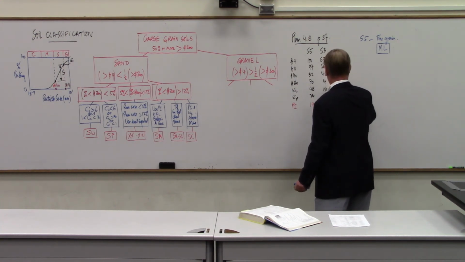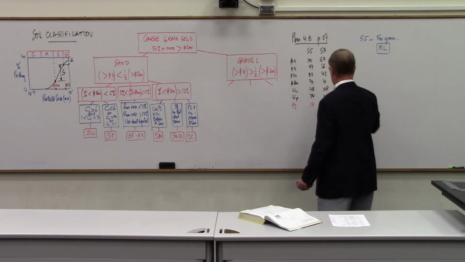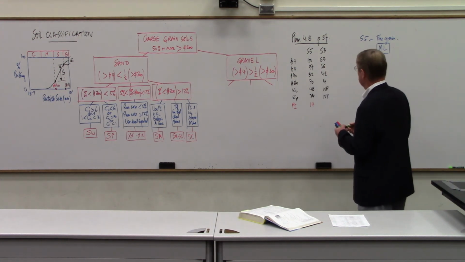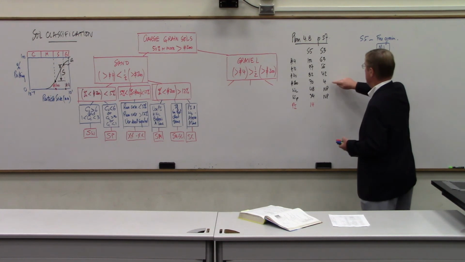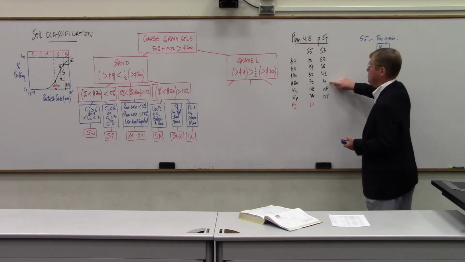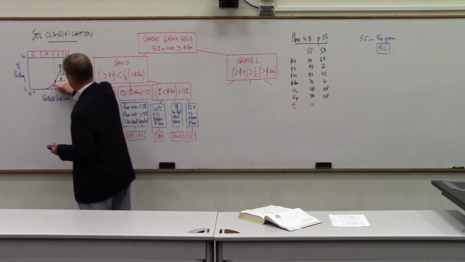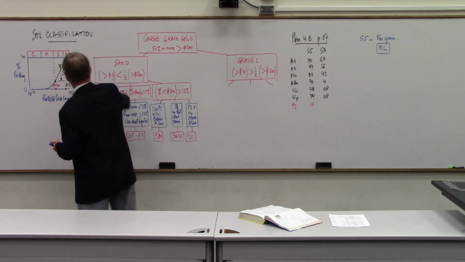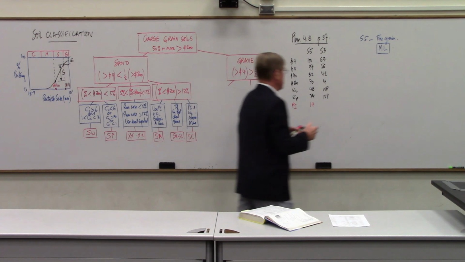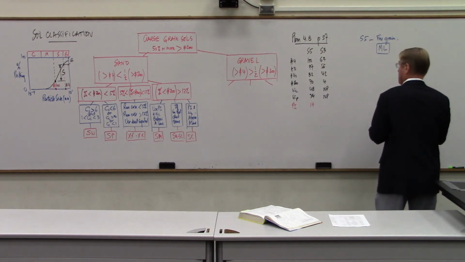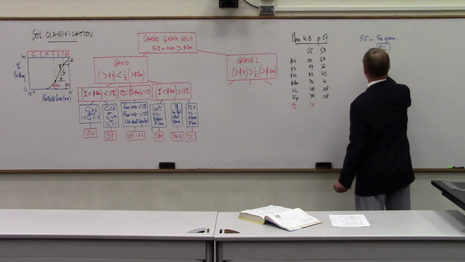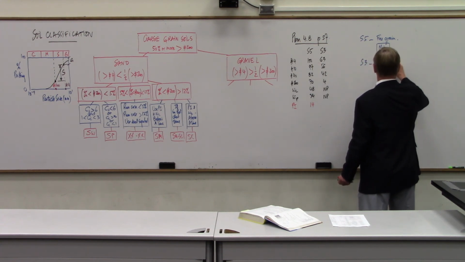And then it's not possible to run the Atterberg limits. Okay? So you only have 4% passing 200. Most of it is in the coarse-grained soil. So you do have a coarse-grained soil. So in here you're going to say S3, coarse-grained.